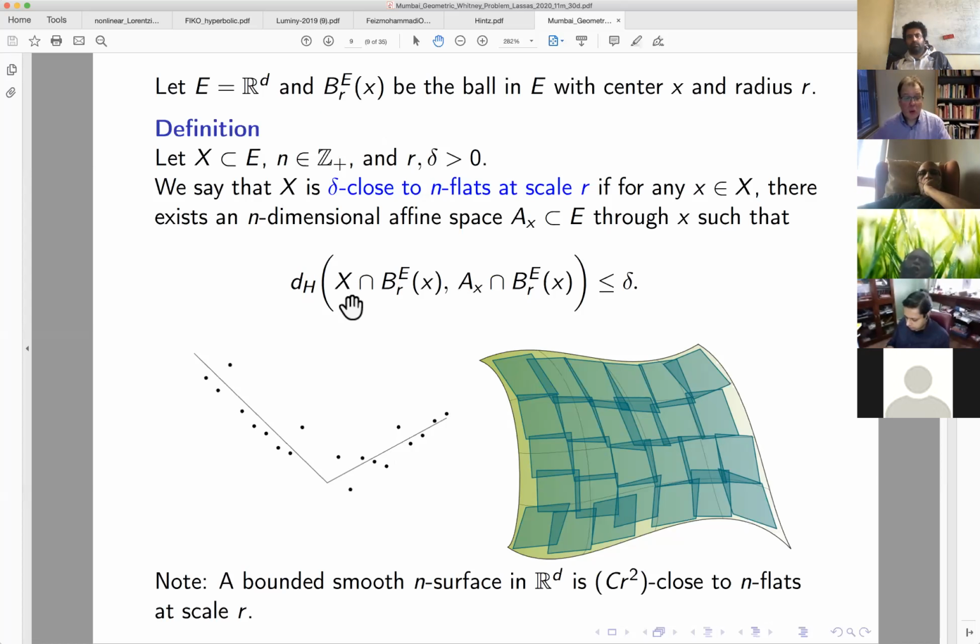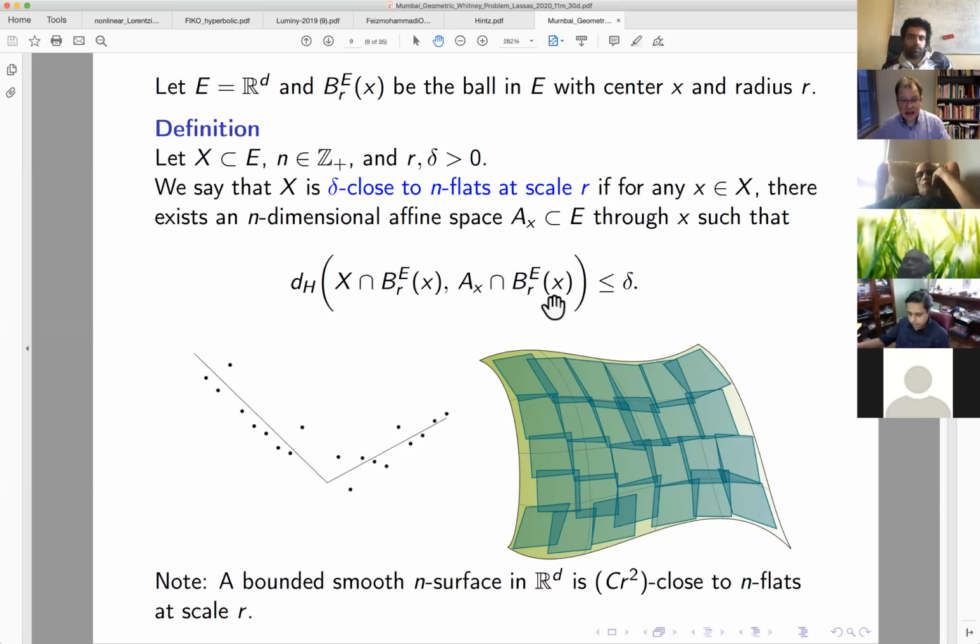And then we consider the intersection of our dataset X with the R-ball, and then the intersection of the affine space and the same R-ball. And we require that the Hausdorff distance of these sets is smaller than delta.